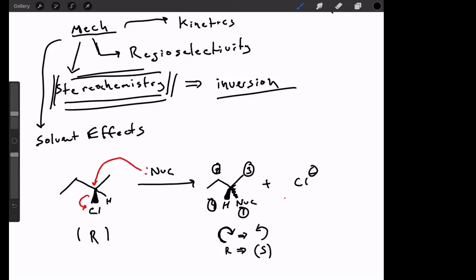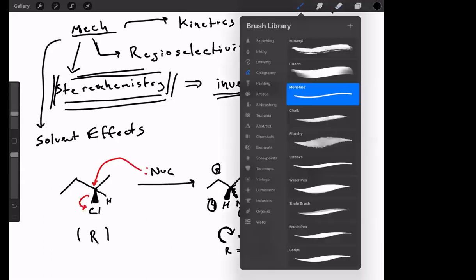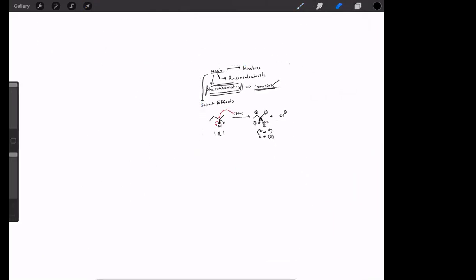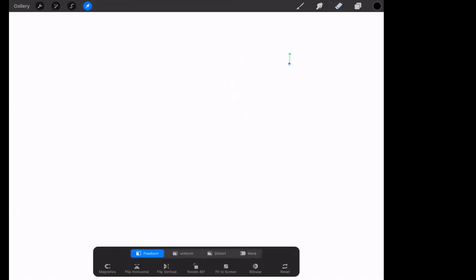On the other hand, when I'm talking about the stereochemical outcome of the mechanism, what we say is there is an inversion in the stereochemistry. So if the substrate is R, the product will be S. If the substrate is S, the product will be R. And so what I want to do is talk about why this is, because this is an important part of the learning here, to figure out what's going on and why the stereochemistry would be inverted.